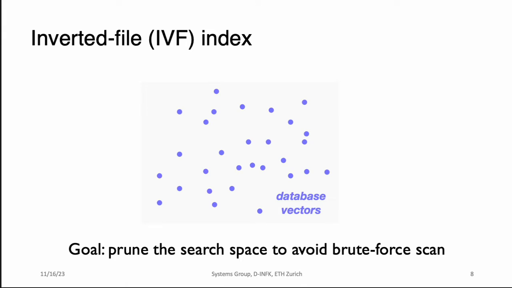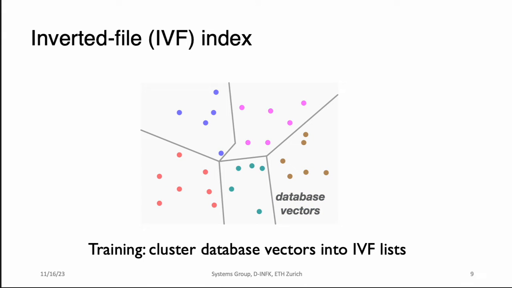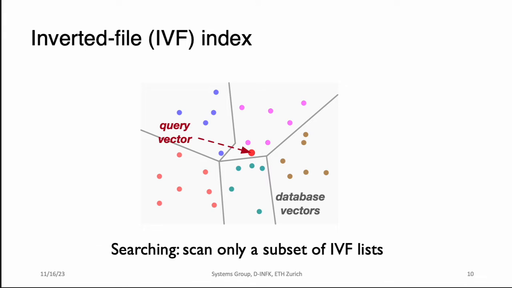So let's start from the IVF index first. The goal here is to prune the search space as much as possible to avoid the brute force scan. So we have database vectors, and then we run some clustering on top of these database vectors. We partition the space into multiple subspaces, and each subspace here is known as an IVF list that contains a subset of database vectors.